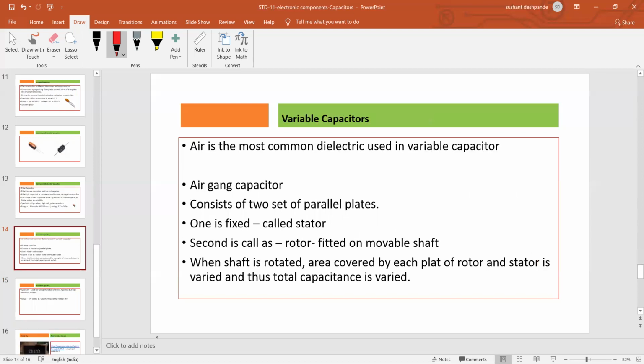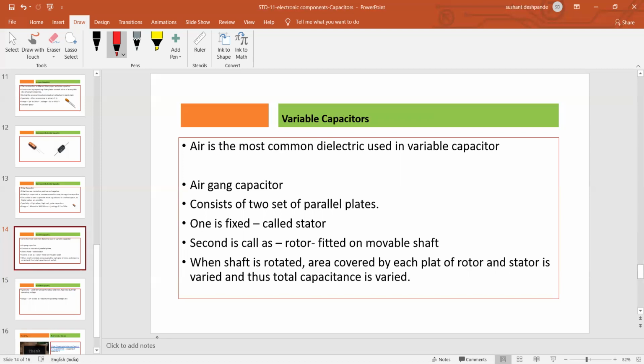And the last, the variable capacitor, is the air gap capacitor. Air is the most common dielectric used in the variable capacitor. This air gap capacitor consists of two sets of parallel plates. One is fixed, called the stator, and the second is movable, called the rotor.